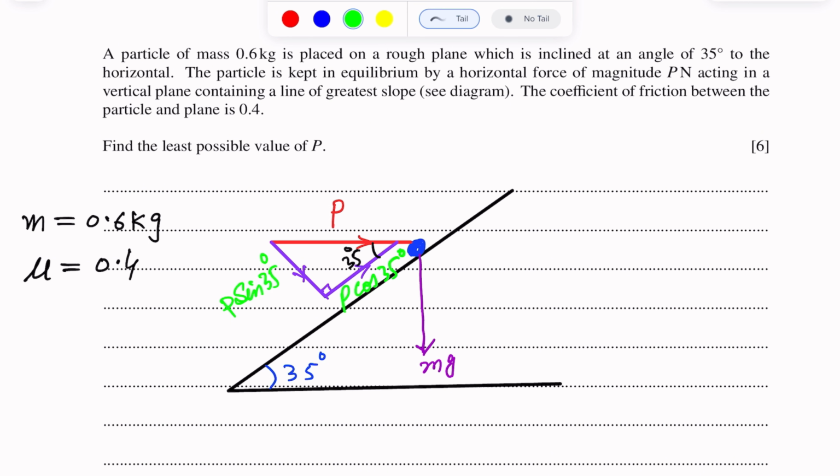Now we will resolve this weight once again into two components: one along the plane, in the direction of movement of the particle, and the other perpendicular to the plane. So we are resolving this mg along the plane and perpendicular to the plane. These are the components.